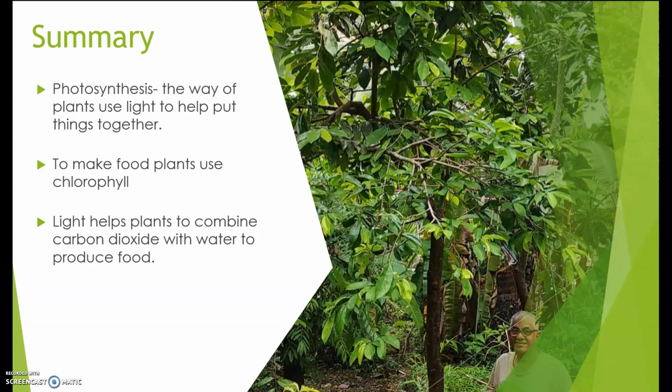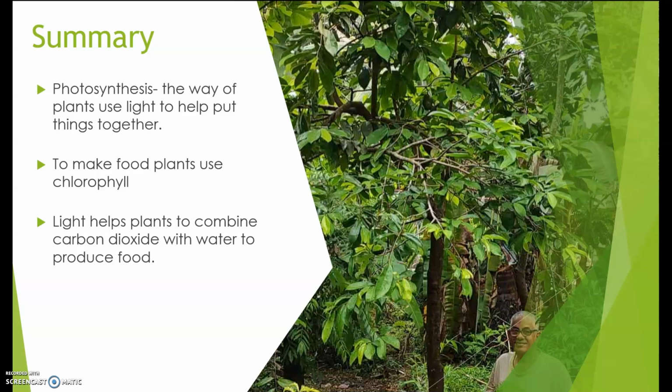Next, to make food, plants use chlorophyll, the green pigment in the leaves.